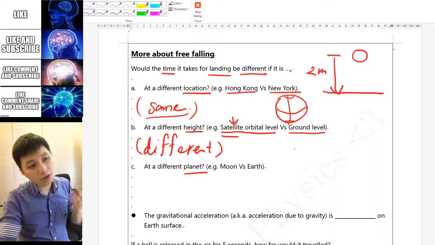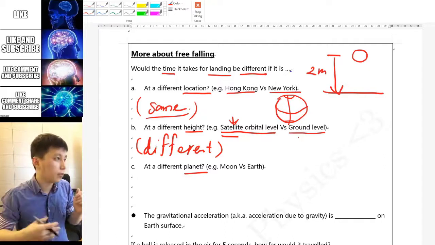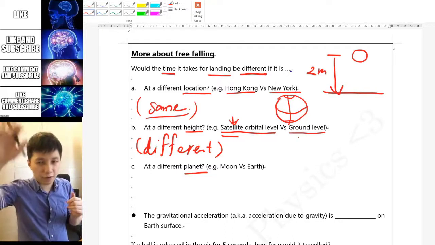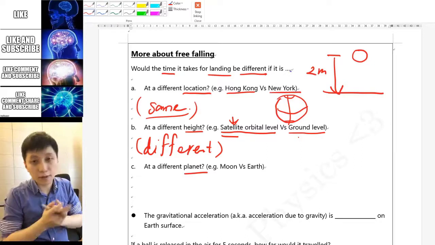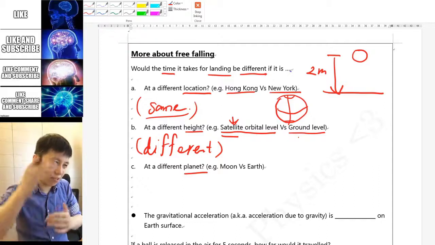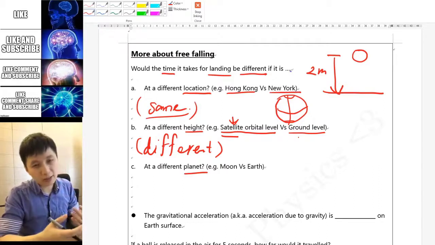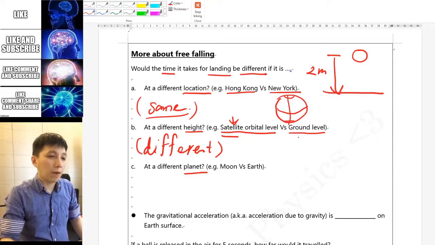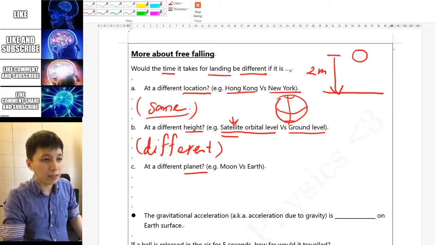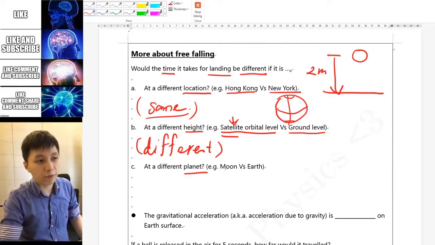If you are comparing something not as extreme, say the ground level or sea level versus the peak of a certain mountain, then there should be a difference in theory. However, once again, the height of the peak is not a lot actually. So the time difference is not going to be very noticeable either. But here we will try to acknowledge that different heights would affect the free falling time. So we'll say different here.